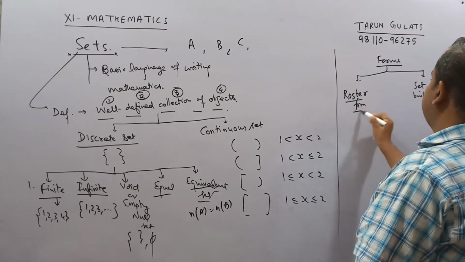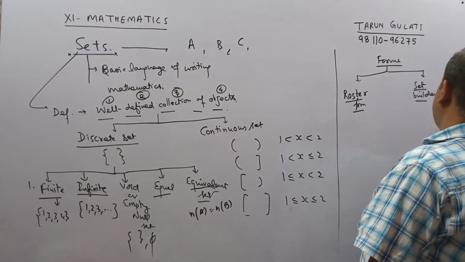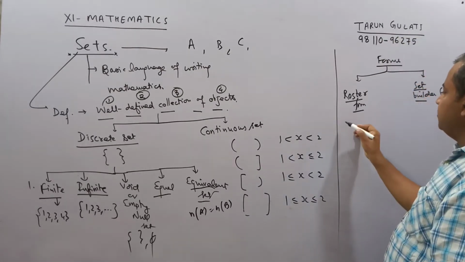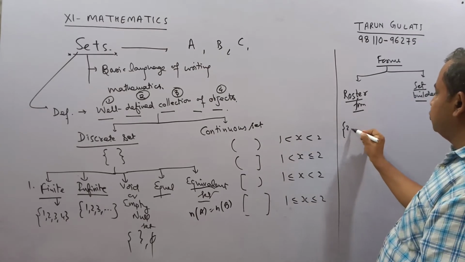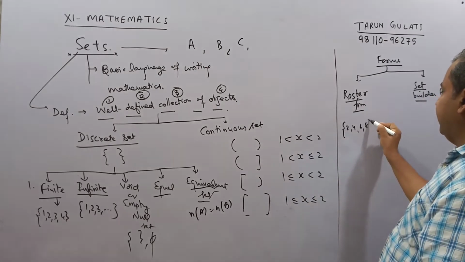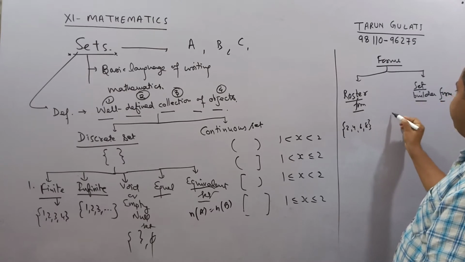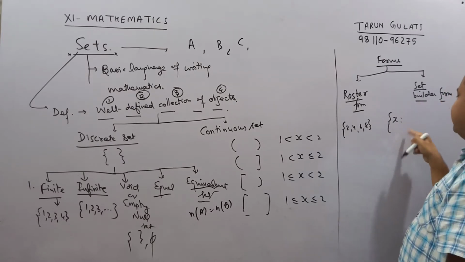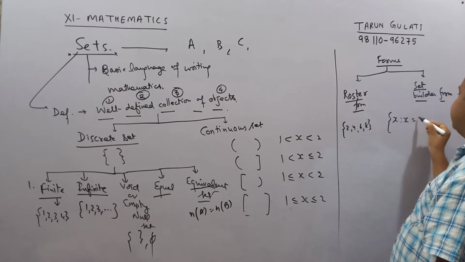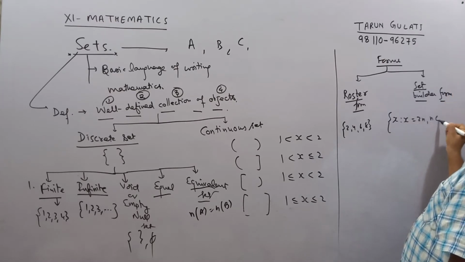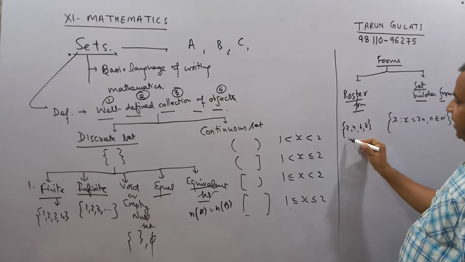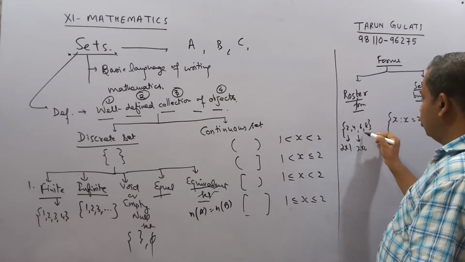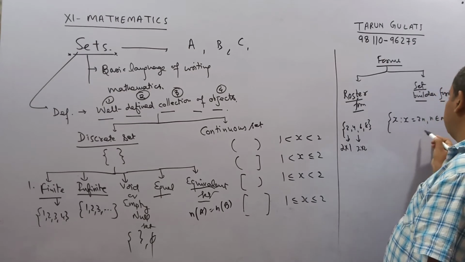What about roster form and what about set builder form? Say we have a set, it is 2, 4, 6, 8. In set builder form, x such that x is 2n, where n belongs to natural numbers, that is 2 into 1, 2 into 2, 2 into 3, 2 into 4.